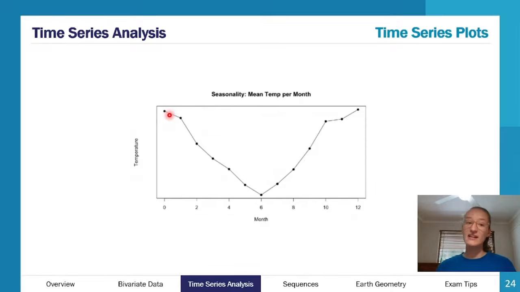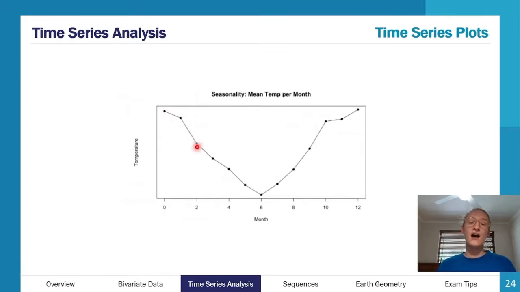Interestingly, we can see the temperature is higher around January, lower around July, and higher again around December. That makes total sense because of the seasons that we have here in Australia. So you can start to see how time series plots are really helpful for representing time series data. It works the exact same as a scatter plot in how we plot the points.